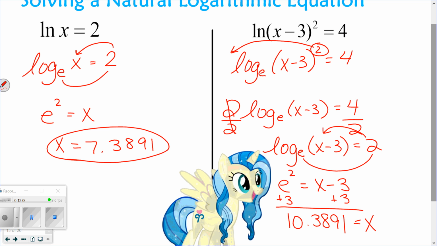She was right. And again, if I plug it in, do I end up with a negative inside of there? 10 something minus 3? That's not negative. I'm okay.